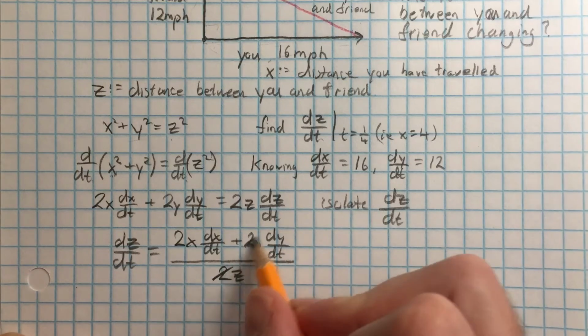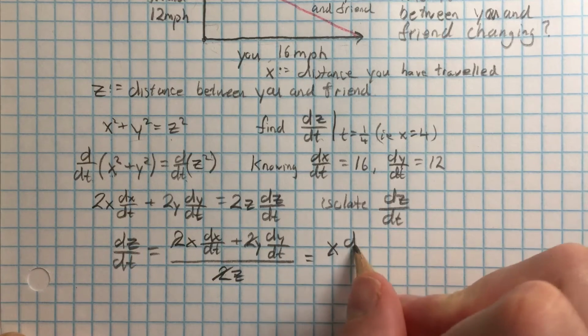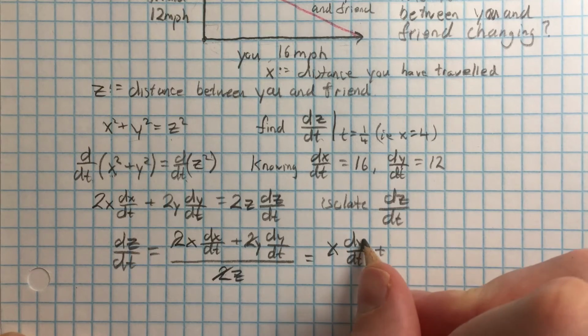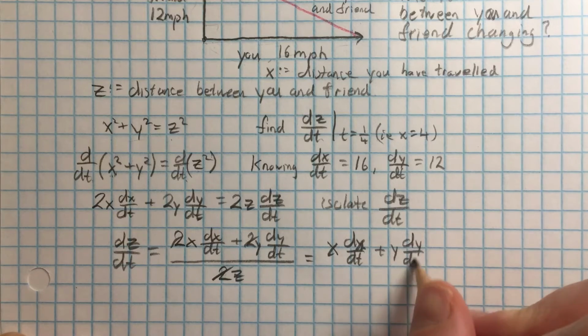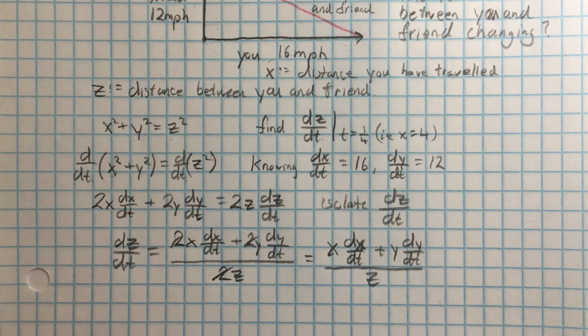Every term has a 2, so let's just get rid of that. So now we have x dx/dt plus y dy/dt over z. Okay, so this is what we're looking for.